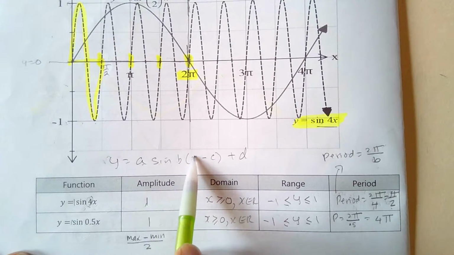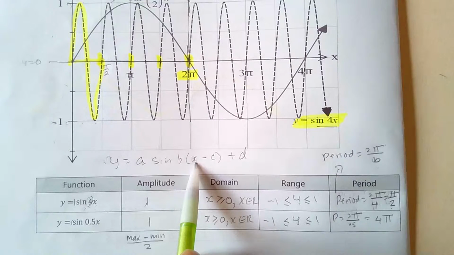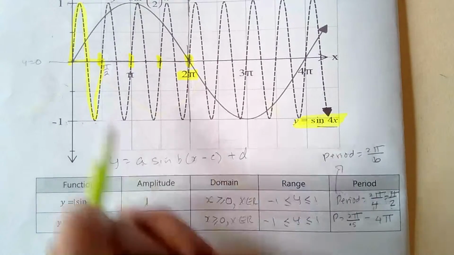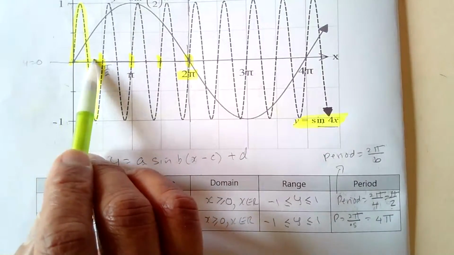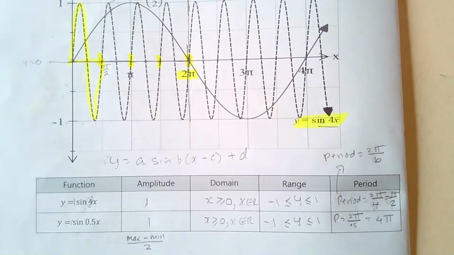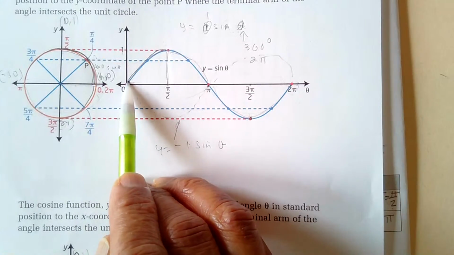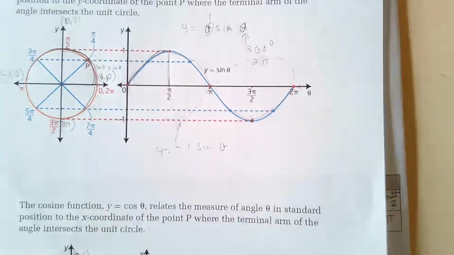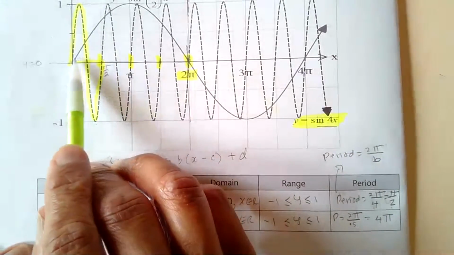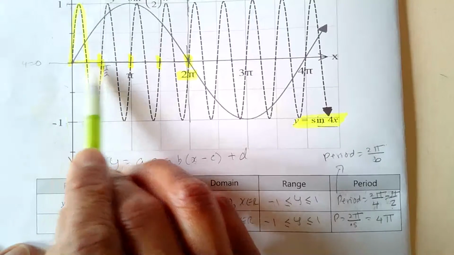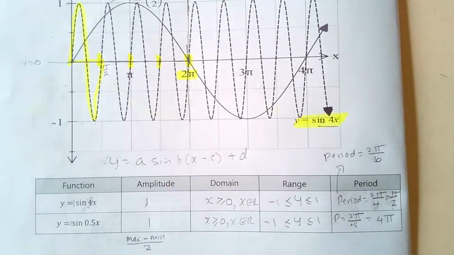So x, the theta here, or b theta or bx, represents 360 degrees or 2 pi. The c would be a horizontal shift. Right now, our standard graph for a sine begins at the origin. Now, if this graph doesn't begin here but shifts somewhere else, we say that's the horizontal shift.